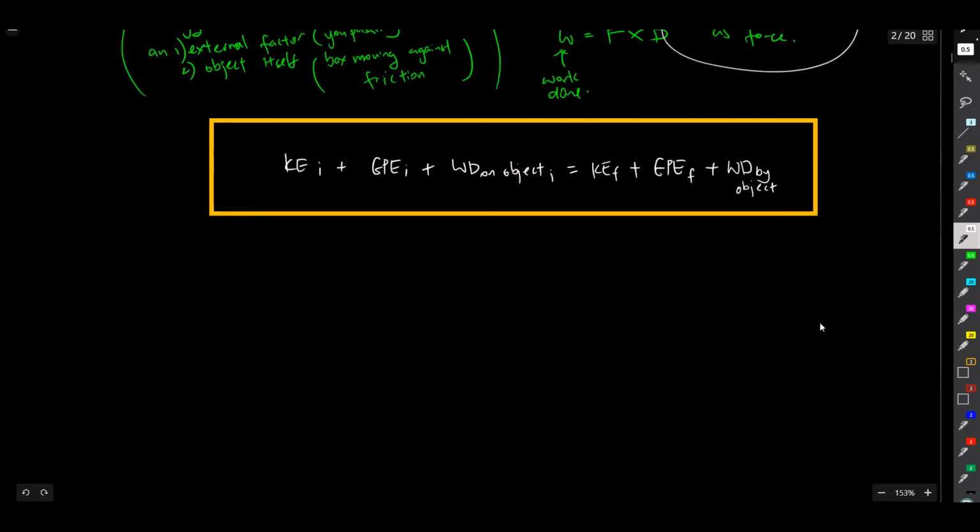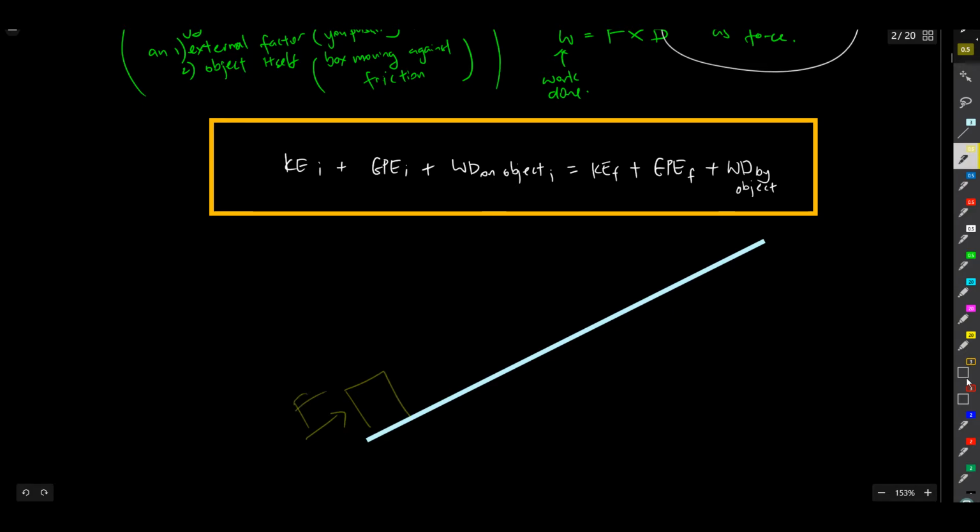So for those who don't know what Zhang is saying, there's a slope, and there's a box over here. I exert this force F on this box. The distance that I want to calculate is this distance versus this distance.